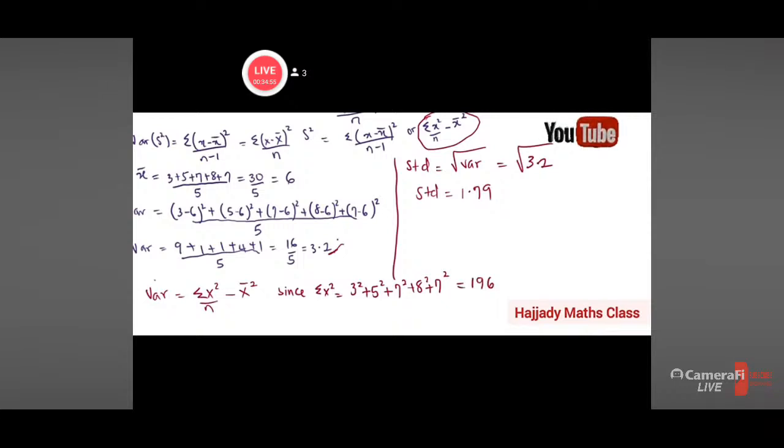So in this case now, my variance here is going to be summation x squared, which is 196, over 5, which is the number of observations, minus x bar all squared. And my x bar, from here, is 6. So minus 6 squared. So this is going to be 196 over 5 minus 36.